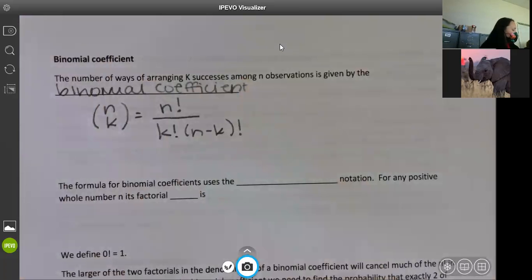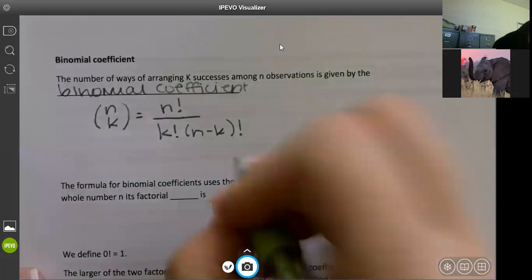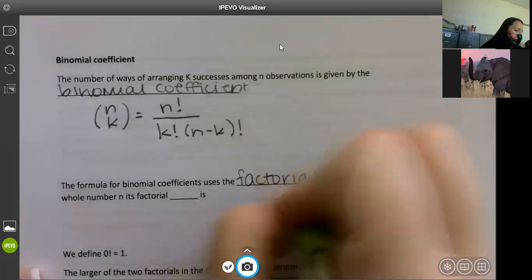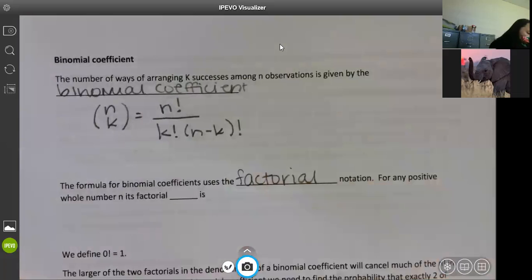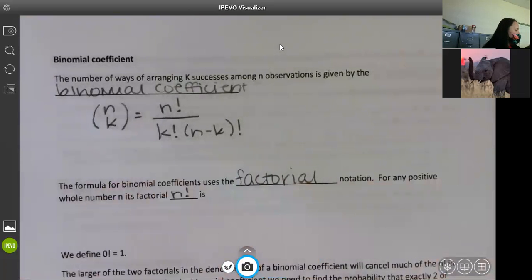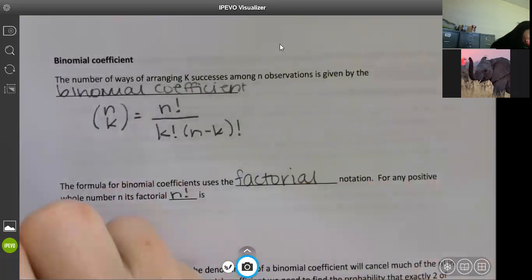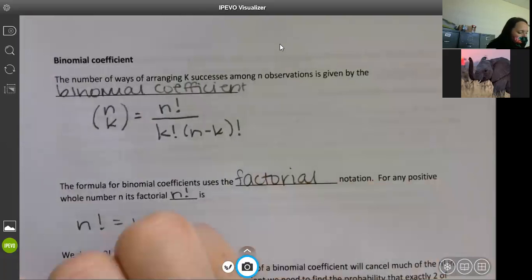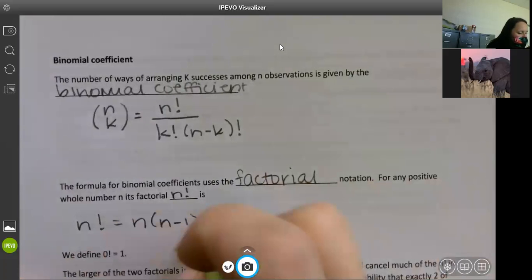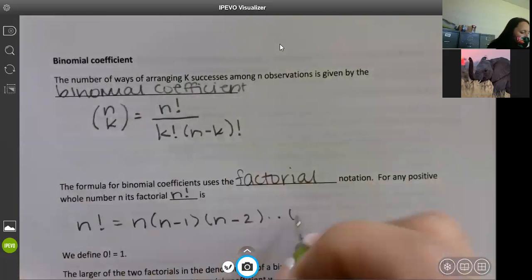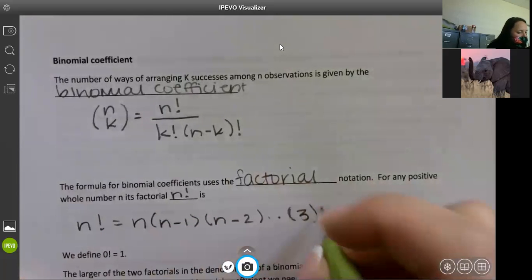So the formula for binomial coefficients uses the factorial notation. For any positive whole number n, n factorial, which is n exclamation point, is whatever number you have, you count down from that number and multiply it together until you get to the end, which would be 3, 2, 1.